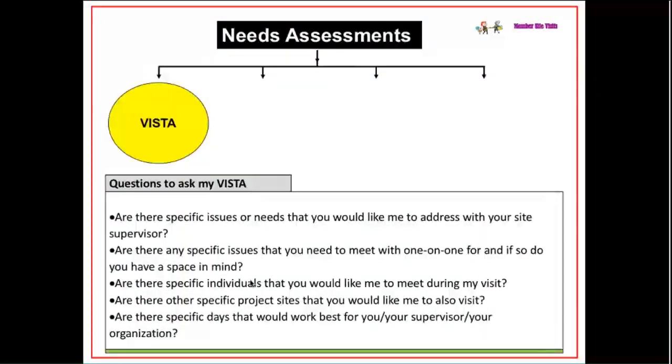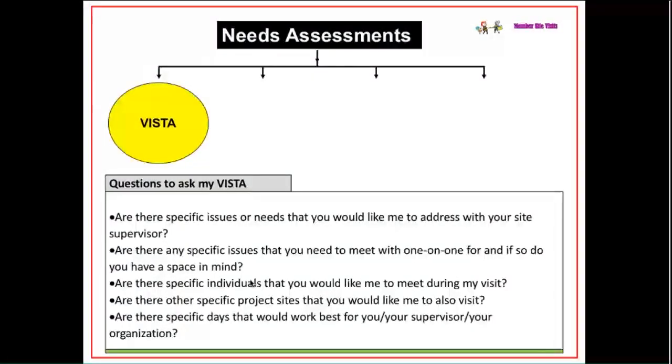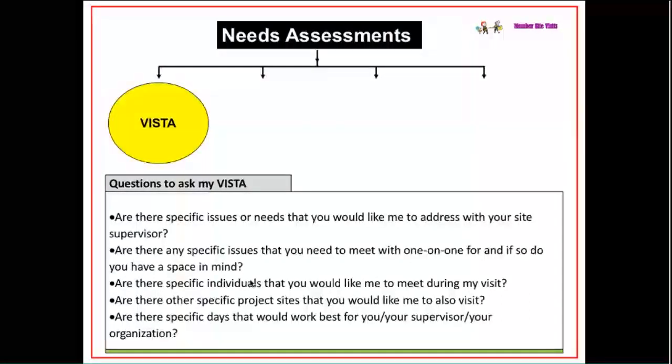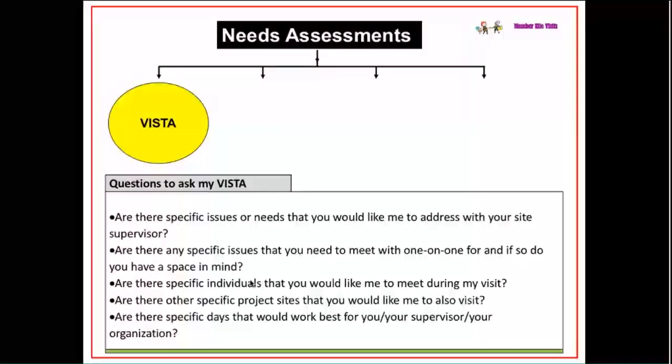That is also important. So knowing that in advance, you can make it part of your agenda, part of your program, so you are not just finding out when you are there and suddenly saying, oh, I would love to meet that person, but I don't have the time. So this is about being preventive, being proactive with our site visits.